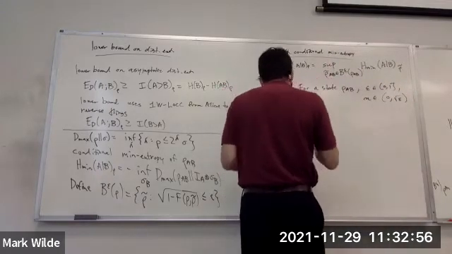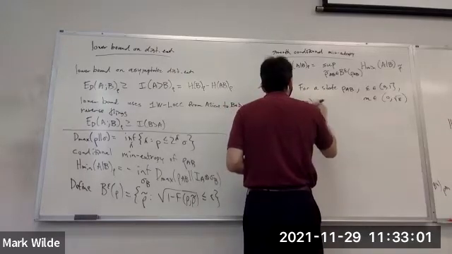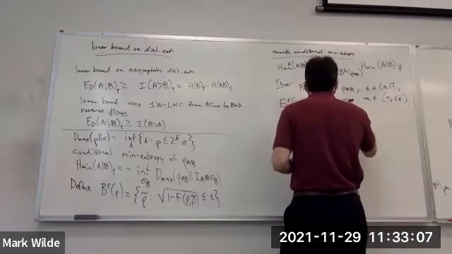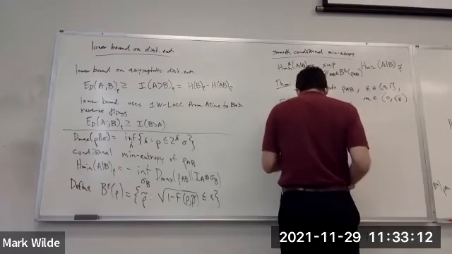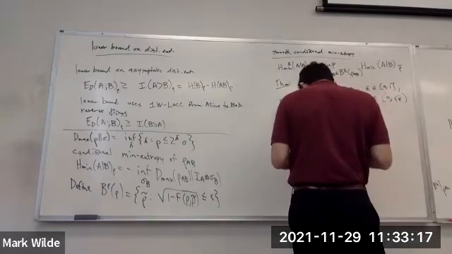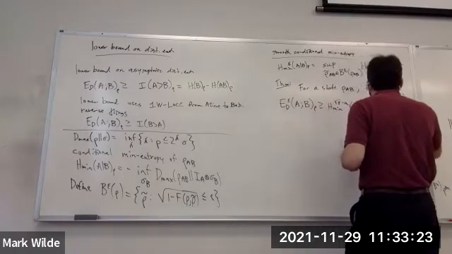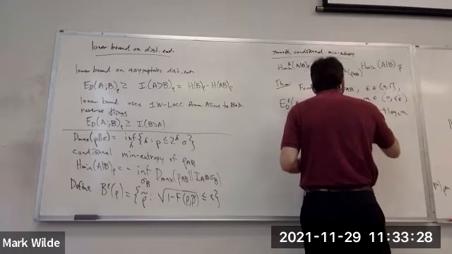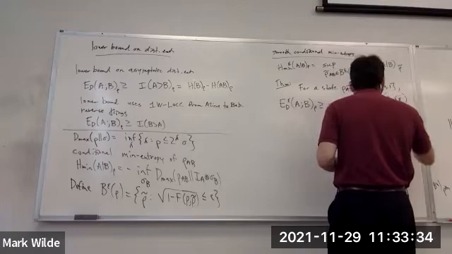All right. We can show that the distillable entanglement of rho is greater than this smooth min entropy, where psi ABE purifies rho.